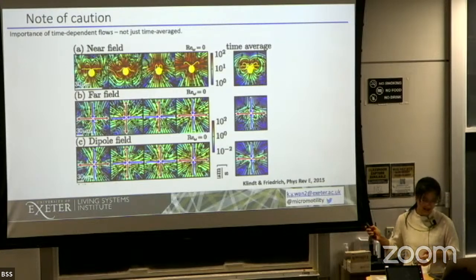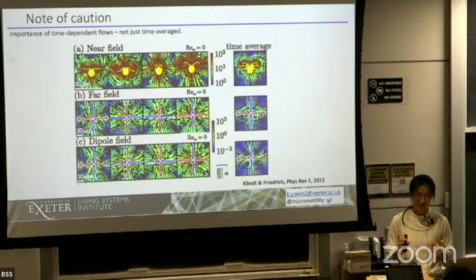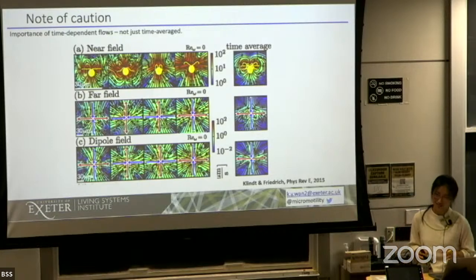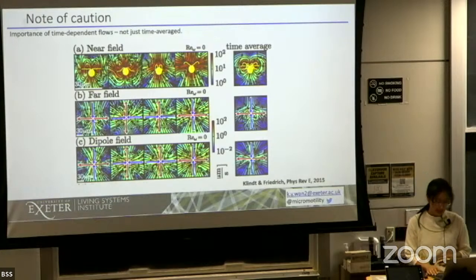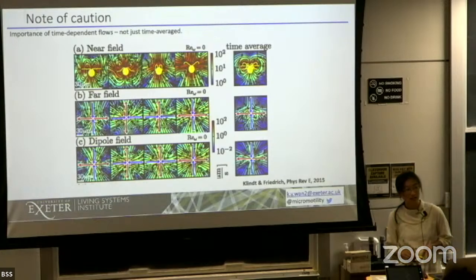So these are simulation results, not from experiments. I'm not actually sure if they've been measured. I don't think they've been measured, surprisingly, in experiments for Chlamydomonas. Again, the emphasis here is on the behavior in the far field and whether it resembles these dipole flows. Is there a velocity difference in terms of, yes.